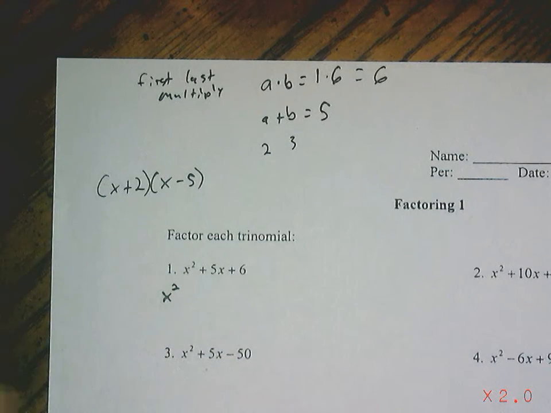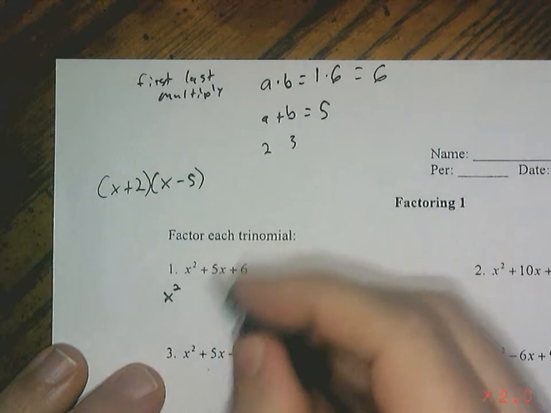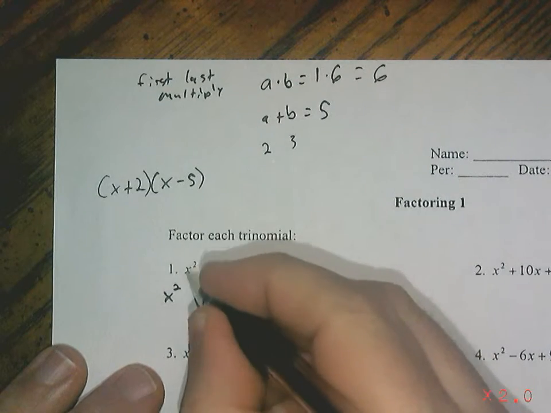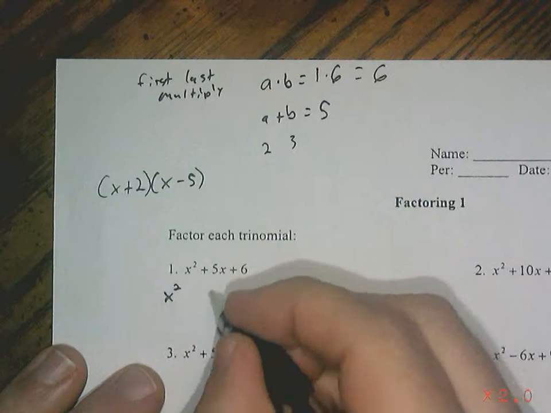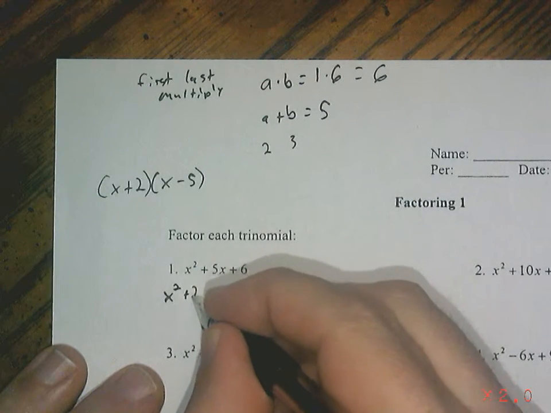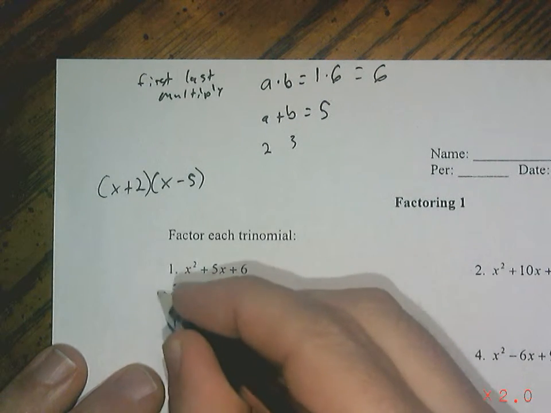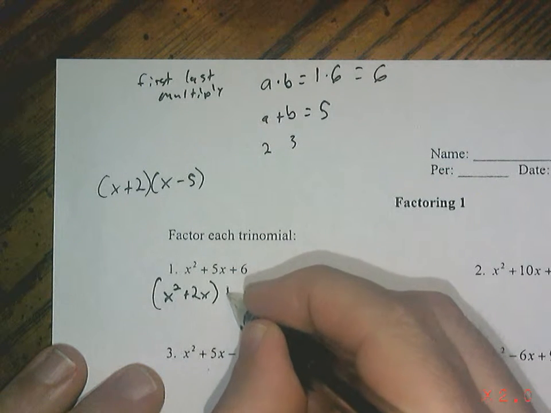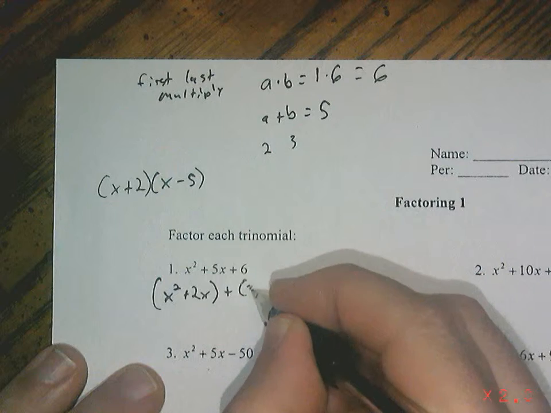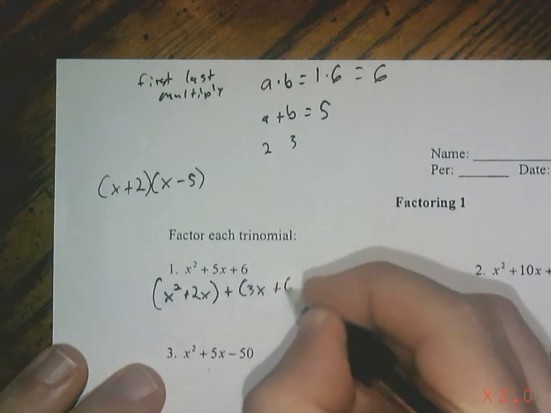Now, x squared probably isn't going to have much except for the x, but the 3 would go into the 6, right? So we'll leave the 3 in the second group, and we'll put 2x in the first group, and then we'll do 3x plus 6 in our second group.